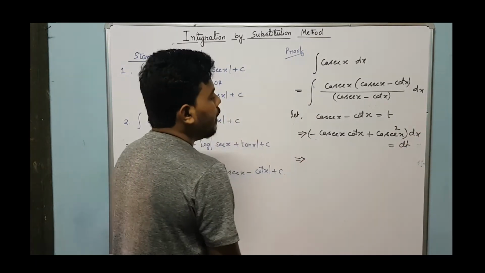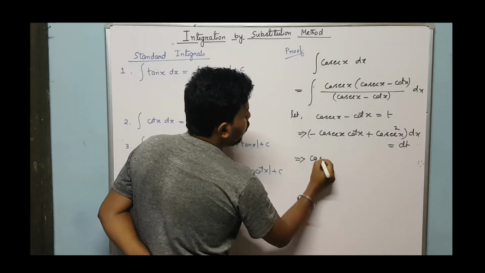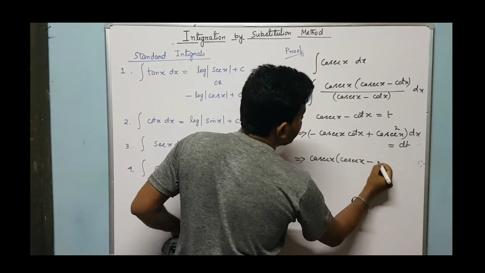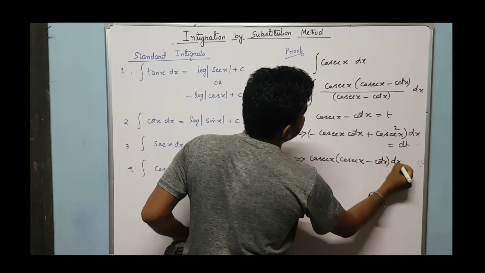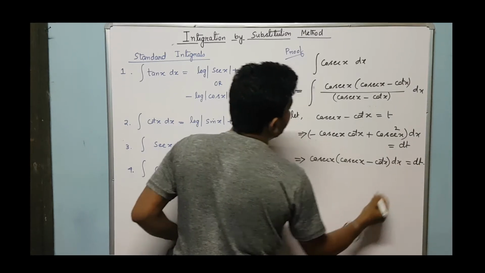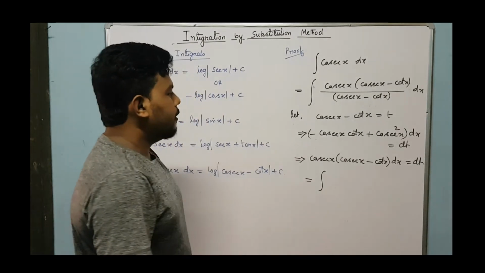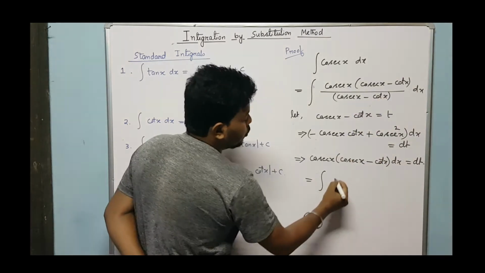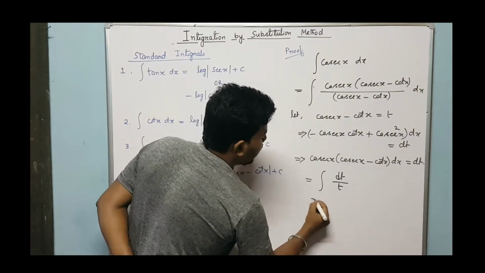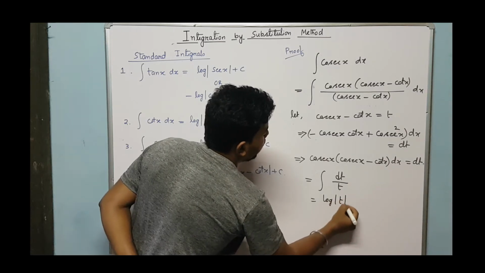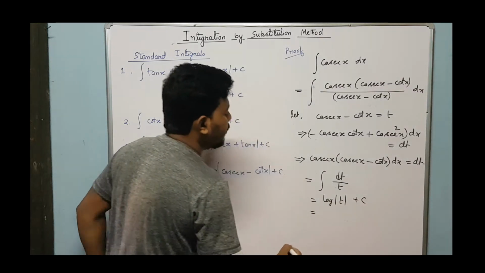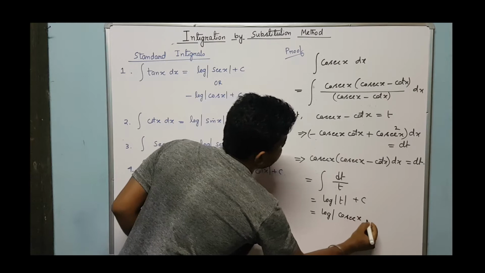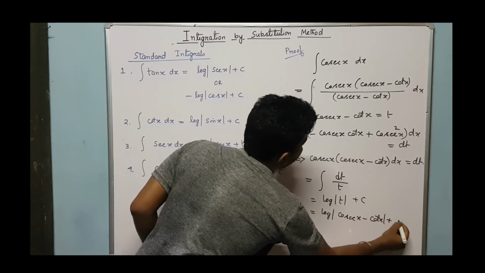So if you take cosec x common, it becomes cosec x into cosec x minus cot x dx is equal to dt. So the integral becomes dt by t. So the answer is log of mod of t plus c, and the result will be log of mod of cosec x minus cot x plus c.